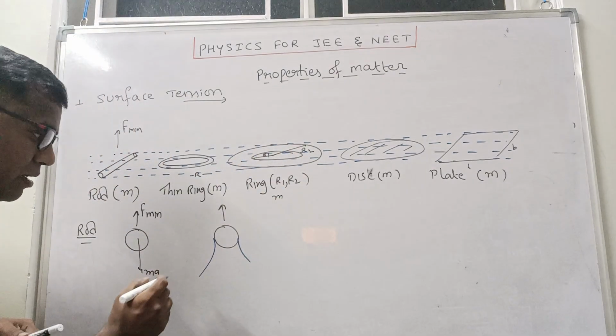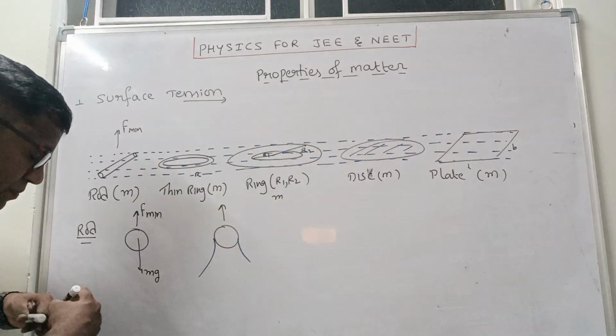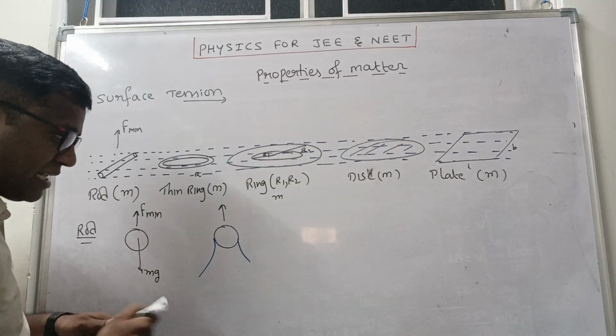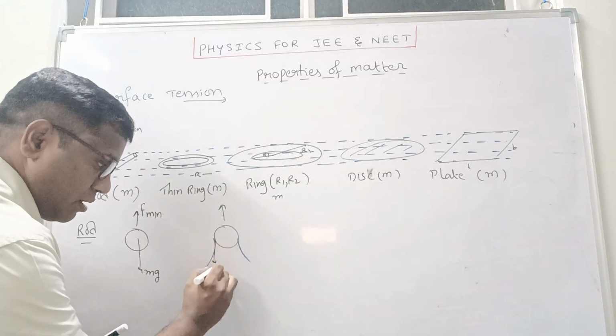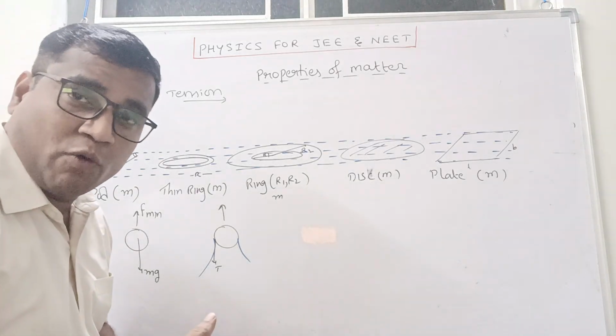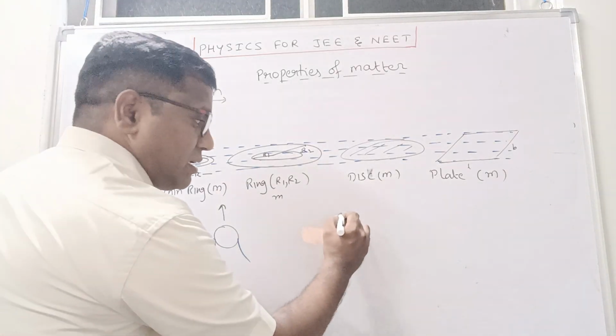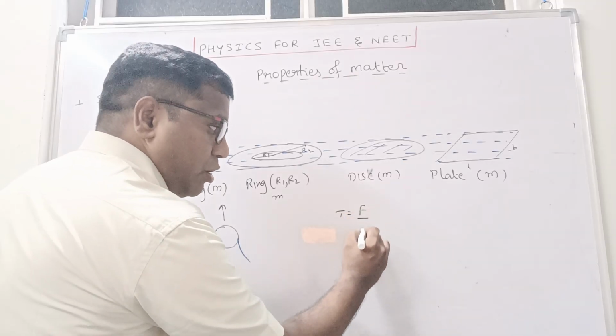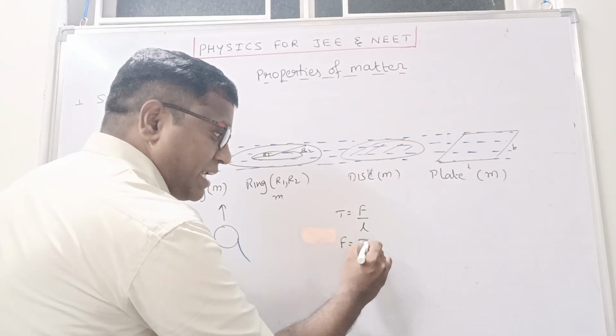So now see here, due to this liquid, we know tension will be downward. If tension is downward, how much force will it create? We know that tension is nothing but force per unit length. Force is equal to tension into length.